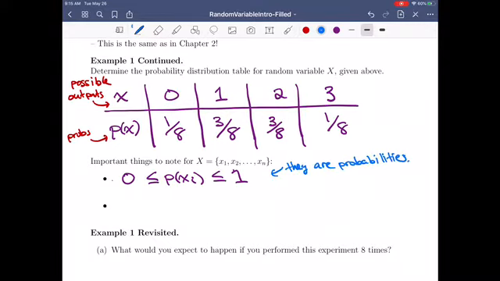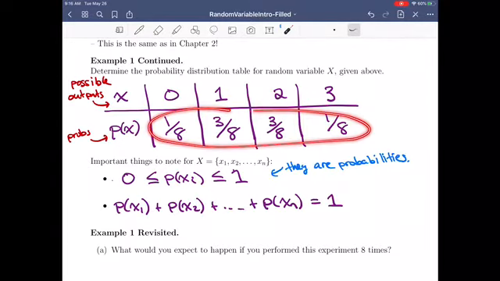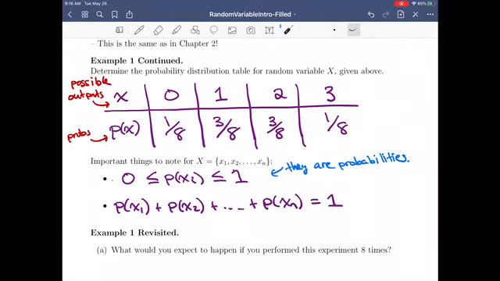That's our rule for all probabilities. And also, if we add them all up, p of x1 plus p of x2, all the way until p of xn, we should sum to 1. This just says that the probabilities in our table sum to 1, which is again the same as what we had in chapter 2.